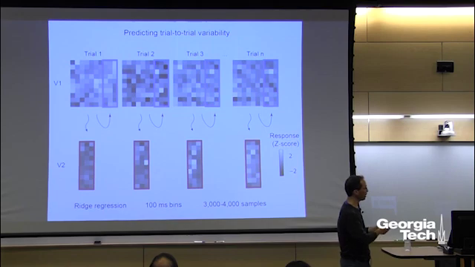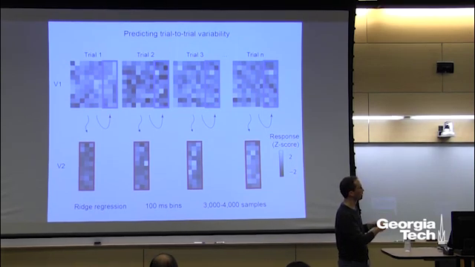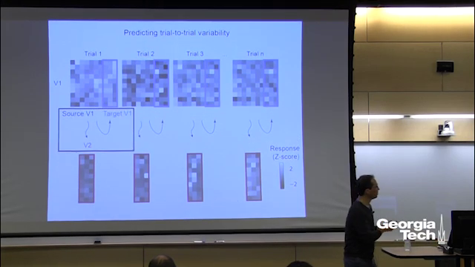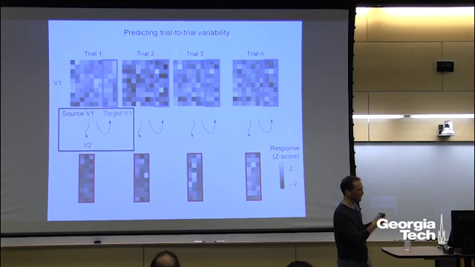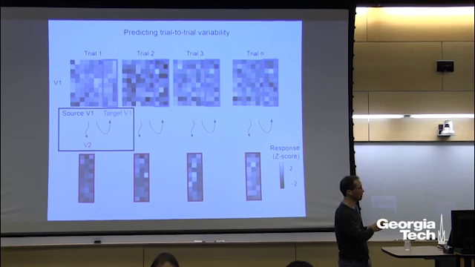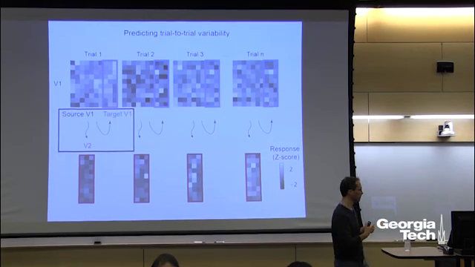The only difference is one group of neurons lives in a different part of the brain, one group of neurons lives intermingled with the other neurons that are not in the target population. Okay? So we're going to predict both this group of neurons and this group of neurons with exactly the same population of remaining V1 neurons, which we call the source population. Okay? So these are not only the same neurons, but we use exactly the same data. So the input to the regression model is always the same, but we're either predicting a target V1 population or a population in V2. Okay?